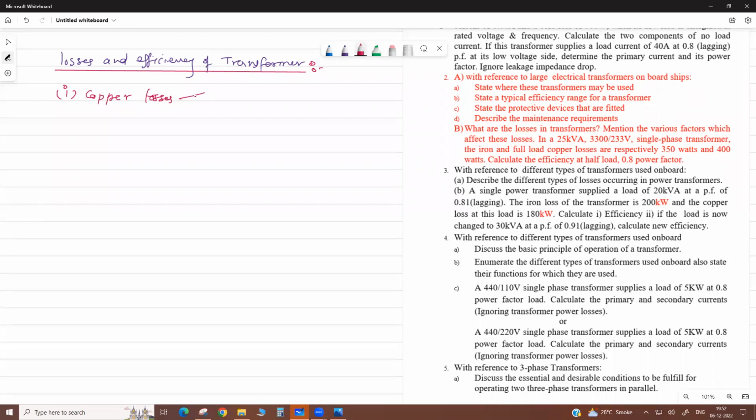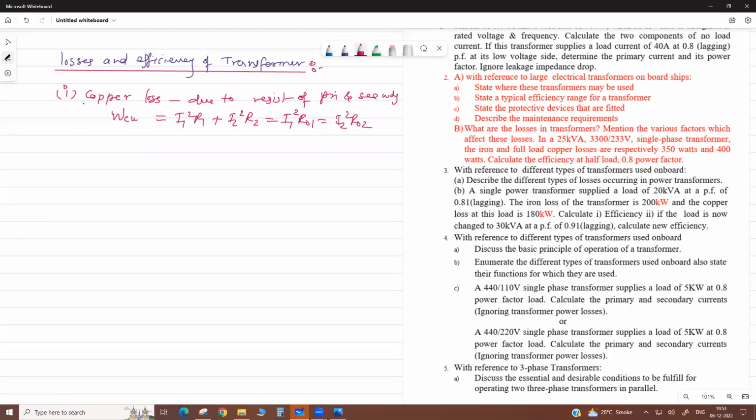This is due to the resistance of the primary and secondary windings. So the total copper loss is I1 square R1 plus I2 square R2, or referred to the primary side it is I1 square R01, or to the secondary side it is I2 square R02. That is denoted by W copper.